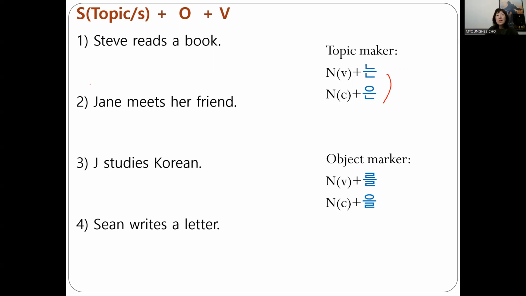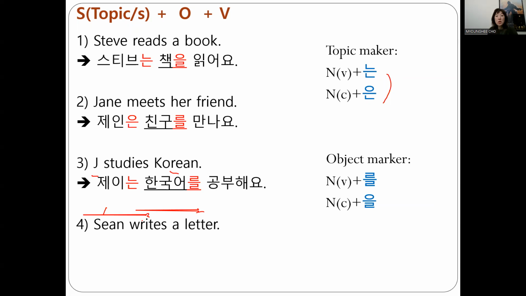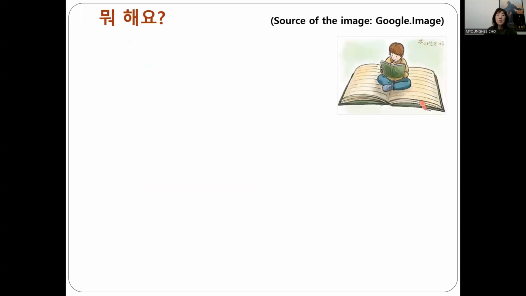So this time, 스티븐은 책을 읽어요. 제인은 친구를 만나요. 제이는 한국어를 공부해요. 션은 편지를 써요. Okay?